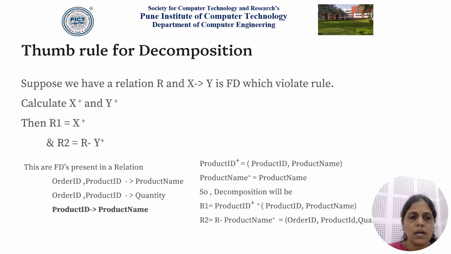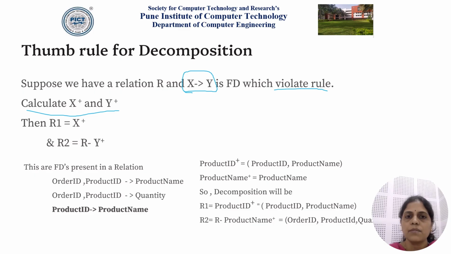Suppose I have a relation R which has a functional dependency like X identifies Y, and that is a functional dependency which violates the rule. So we have to identify one such functional dependency of that relation which violates the rule to be in that normal form. After that we calculate X plus and Y plus.